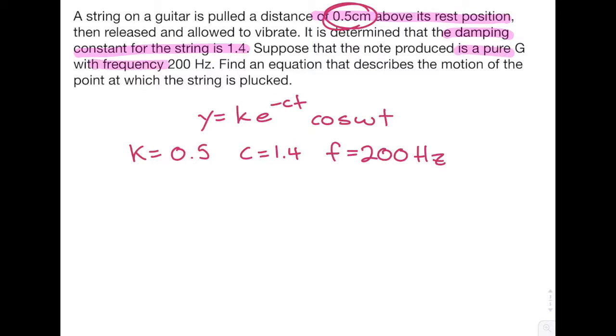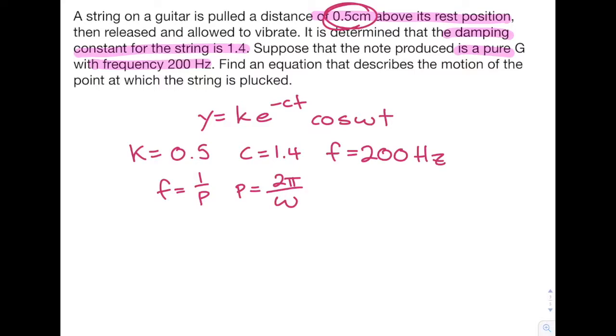So after this, we have no more information to get out of the passage. We've got k and we've got c. The frequency we need to convert into omega. So remember first that frequency is 1 over the period, and the period is 2 pi over omega.